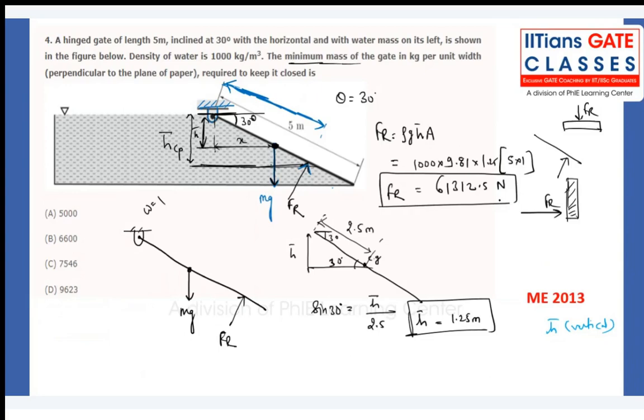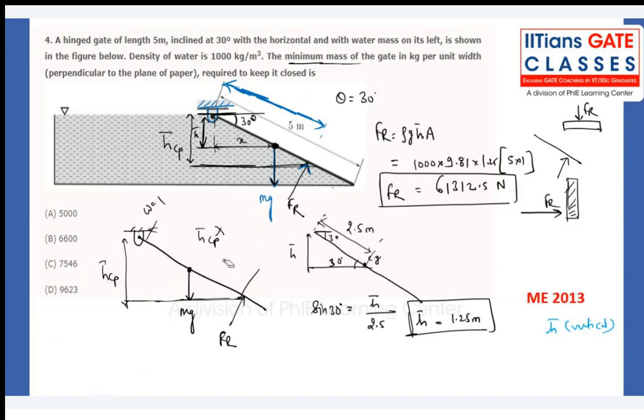Now, this is my resultant force. Now, where will the resultant force be acting? It will be acting at a distance h bar cp, right? Don't think, sir, h bar cp will be like this. No, that is wrong. H bar cp we have to write something like this. Getting my point?